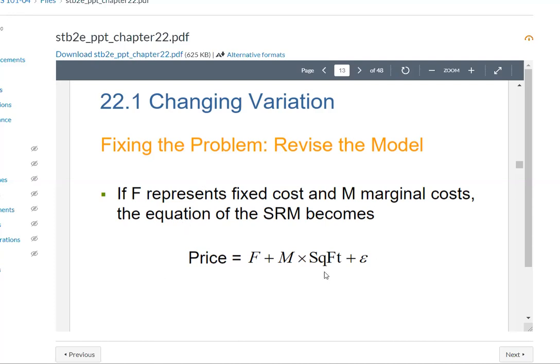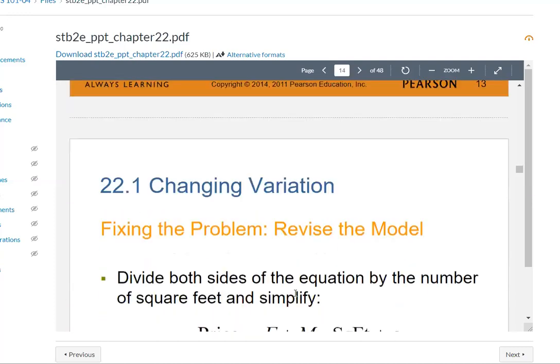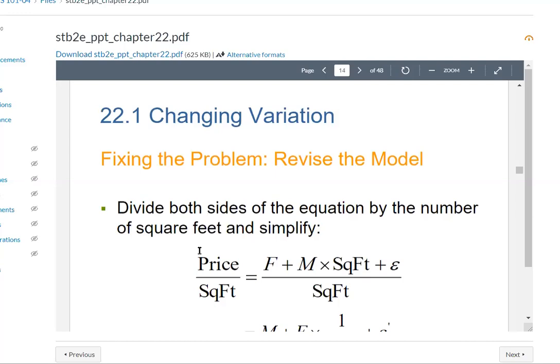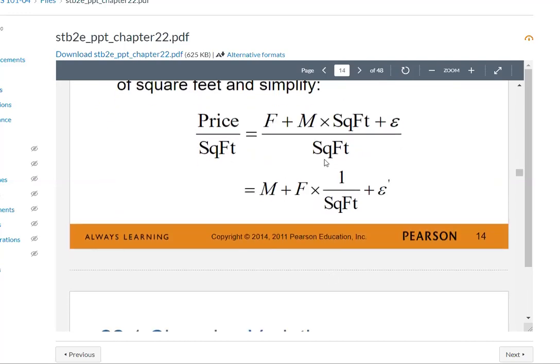In this example, we learned that square foot is the reason we have that large amount of variation. As a result, we divided both sides by square foot. So instead of using price to estimate, we use price per square foot to estimate values, and that reduces a lot of variation. That's what we did last time. We did that in class.